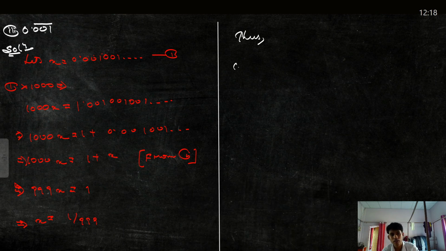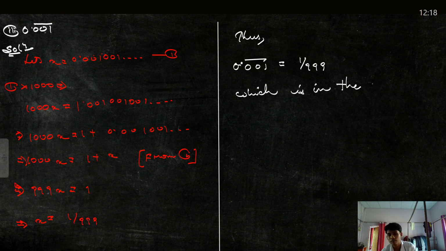Thus 0.001 bar is equal to 1 by 999, which is in the form P by Q, where Q is not equal to 0.